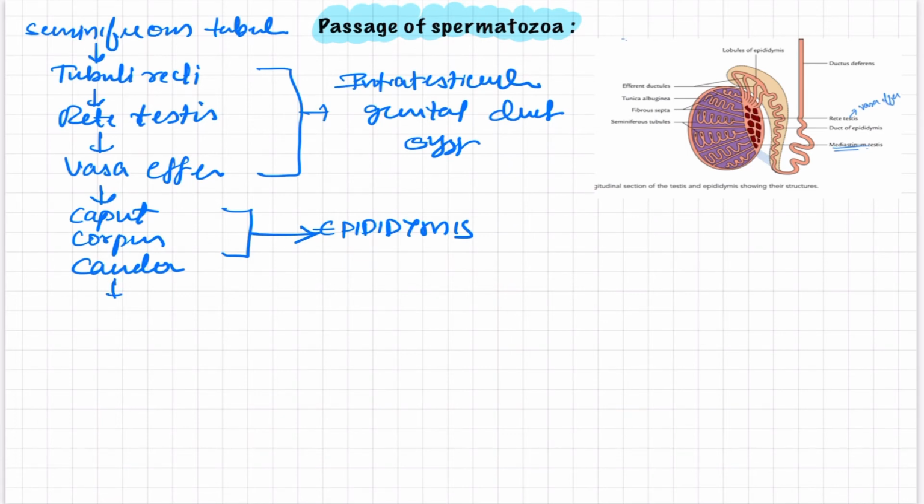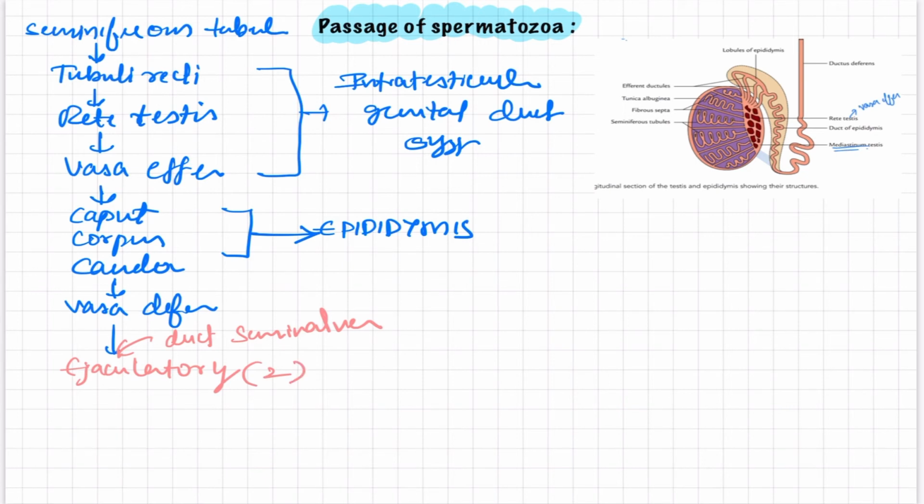Then it moves to the vasa deferens, and after the vasa deferens it joins with the duct of the seminal vesicle to form the ejaculatory duct. Up to the ejaculatory ducts, every duct is paired because there is a right and a left.